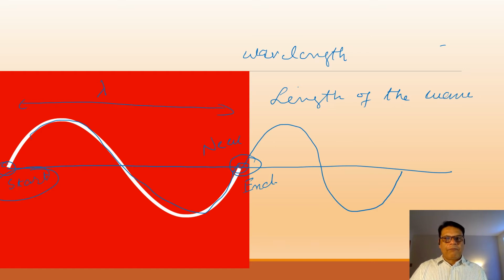When we have a pulse, we know that these areas of compression are called crests. The distance between two consecutive crests is called wavelength, and these valleys represent the area of rarefaction, and the distance between two consecutive troughs is also called wavelength.